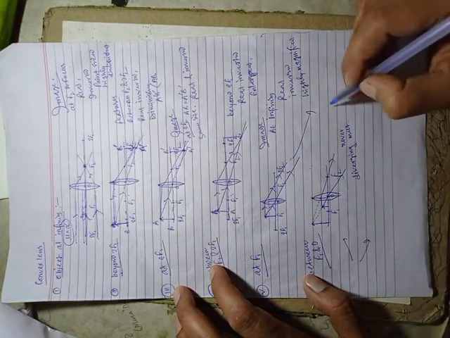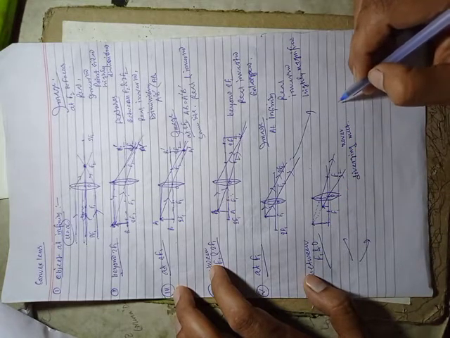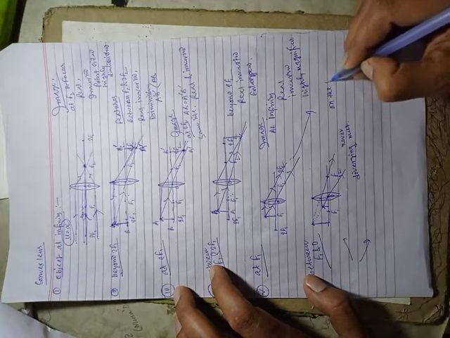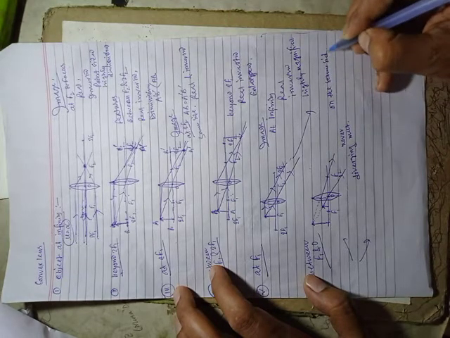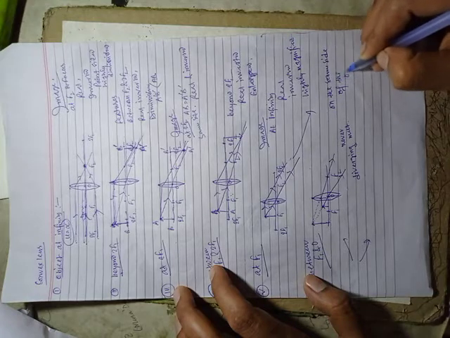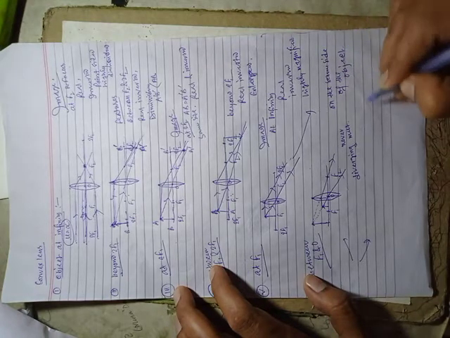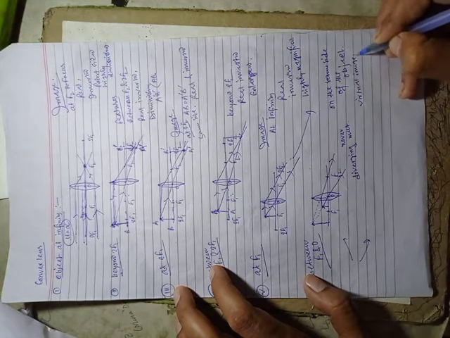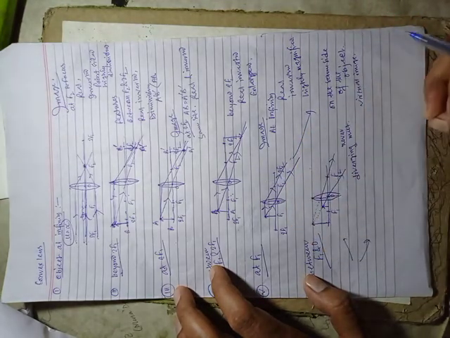So in this case, students, the picture will be on the same side of the object, and it will be called a virtual image. Virtual image means they will appear to come from this side, because on this side they will never meet.